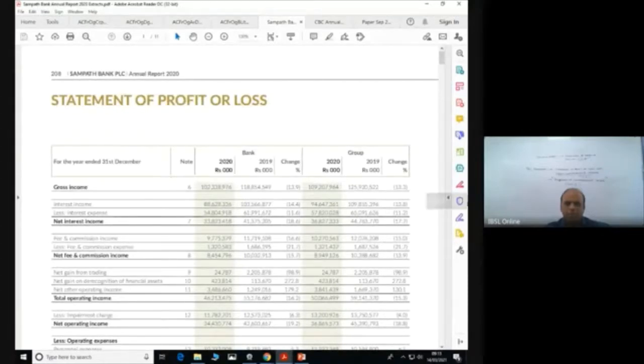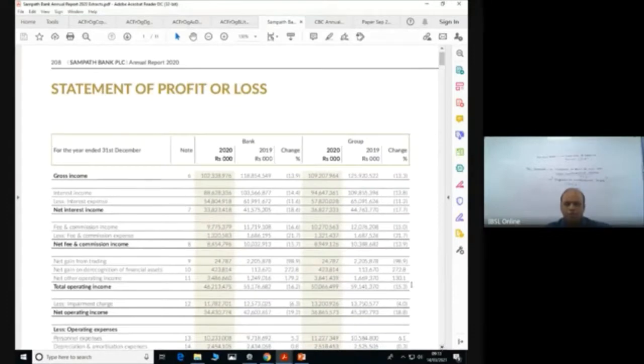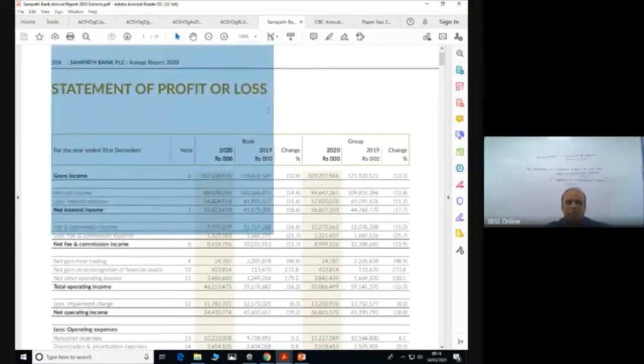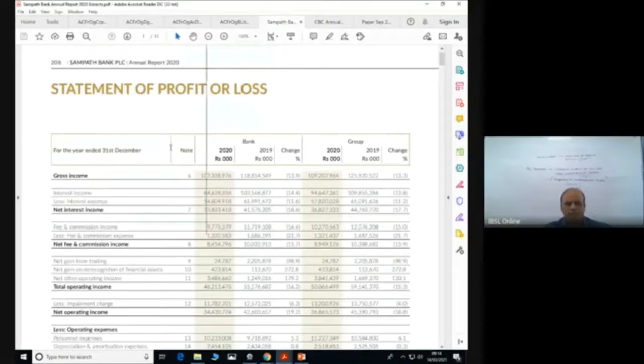Now, I have extracted this from the annual report of Sampath Bank. These are the accounts that were published very recently, I think in the first week of March. So you see how they name it: Statement of profit or loss.